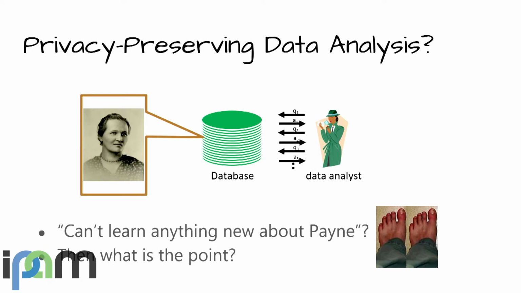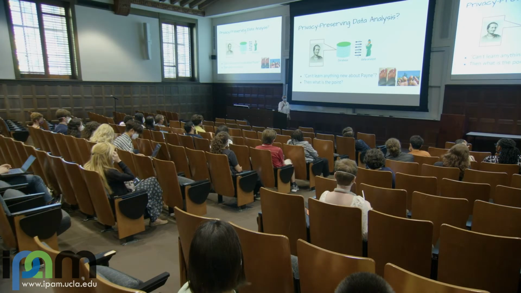And now I interact with this privacy-preserving data set, and I learn that the vast majority of humans have 1 left foot and 1 right foot. I change my beliefs about Payne. I figure it's much more likely that she has 1 left foot and 1 right foot. And so the question is, has Payne's privacy been compromised? I've learned something new about Payne by interacting with the data set.